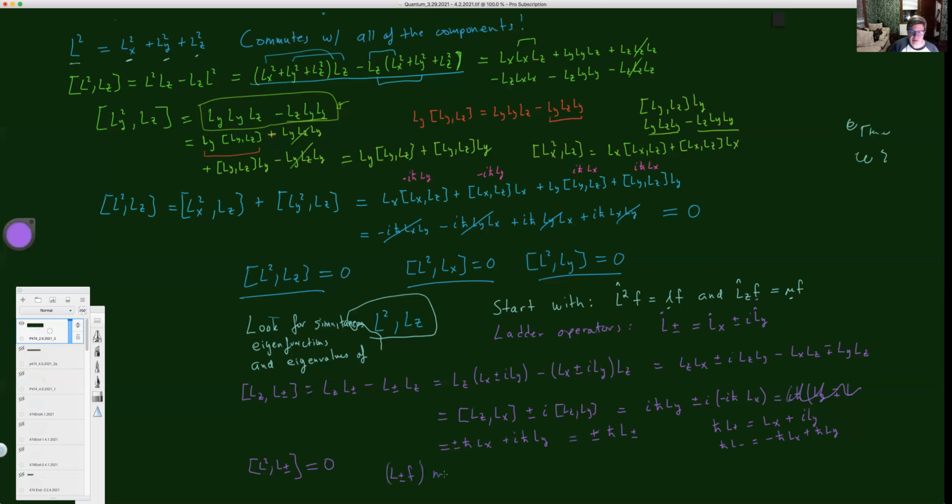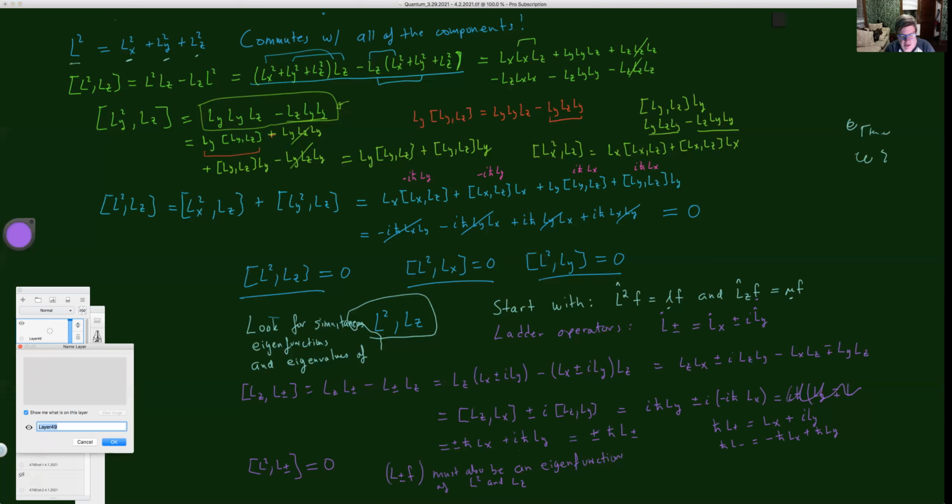So this must also be an eigenfunction of L squared and LZ. Okay. All right. So we're going to use that knowledge in our next slide. So I'm going to get a new slide here, and I'm going to name it just so we can keep track.